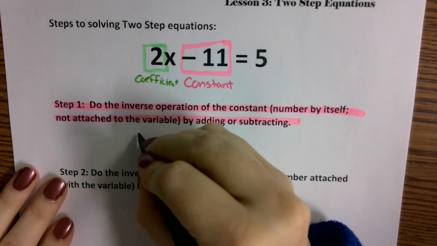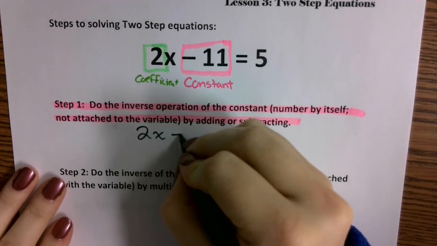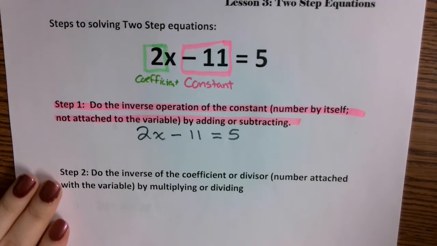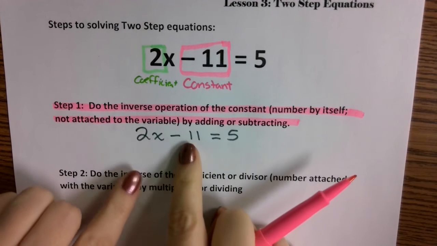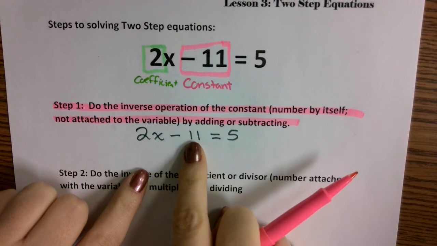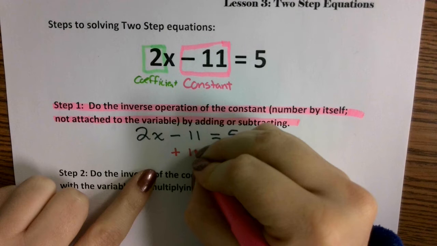So if we've got that problem, 2x minus 11 is equal to 5, I need to go ahead and get rid of the constant. So instead of subtracting an 11, what's the inverse going to be? Adding. Okay, adding an 11. So my first step in this process is to add an 11 to both sides.